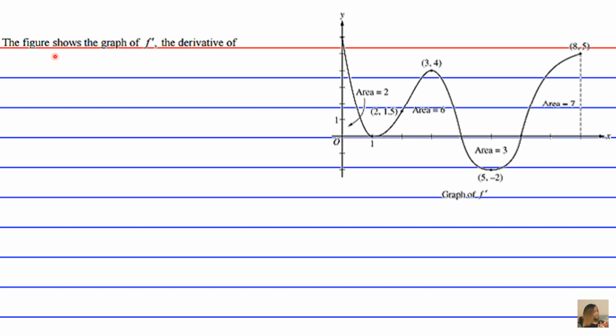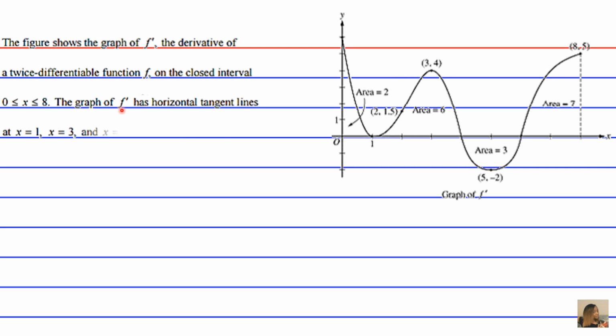Alright, so the figure shows the graph of f prime, the derivative of a twice differentiable function f, on a closed interval where x falls between and includes 0 and 8. The graph of f prime has horizontal tangent lines at x equals 1, x equals 3, and x equals 5.